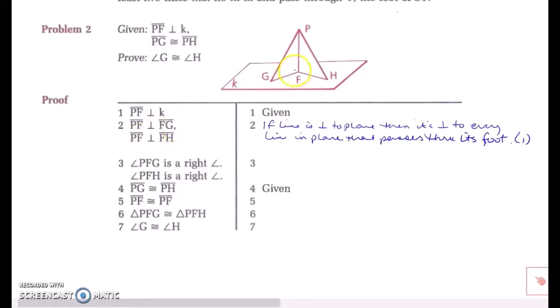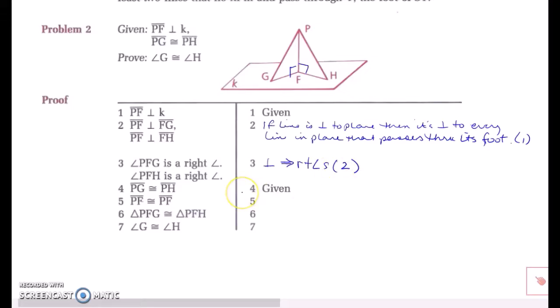So that makes PF perpendicular to FG and PF perpendicular to FH. And then if two segments are perpendicular, they form right angles.